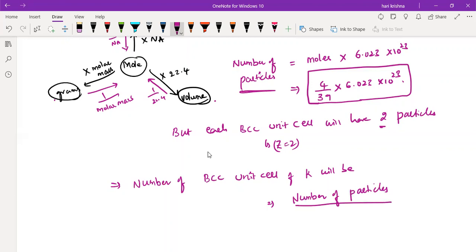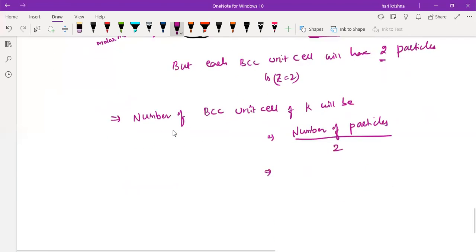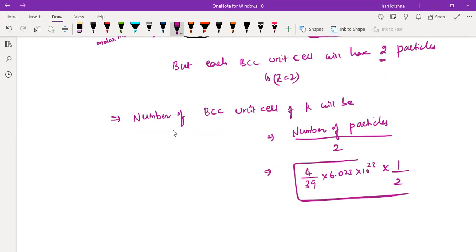That is equal to 4 by 39 into 6.023 into 10 power 23 whole into 1 by 2. Solve this one, you will get the answer.